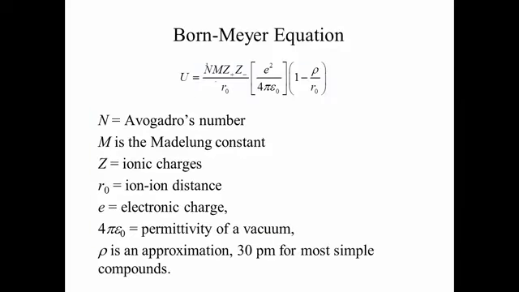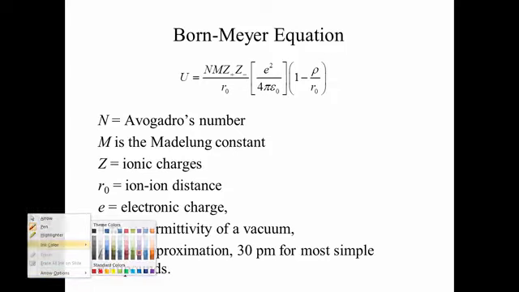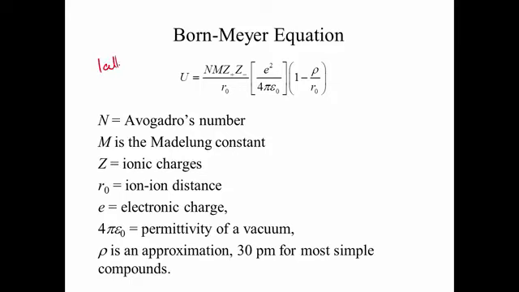So we can use this Madelung constant now to calculate what is the electrostatic attraction, what is the energy, or what we're going to call the lattice enthalpy. What is the energy of attraction that's holding ions together in the lattice?